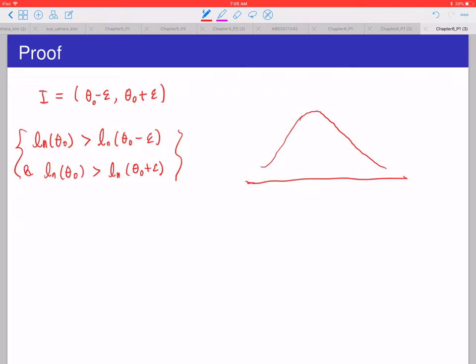The maximizer is not necessarily equal to zeta null. So let's say that zeta null is here, and zeta hat is here, right? And say this one is zeta null minus epsilon and zeta null plus epsilon.